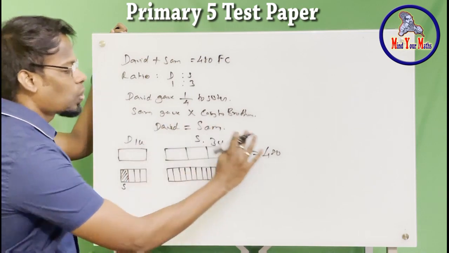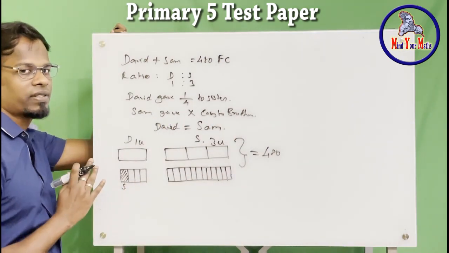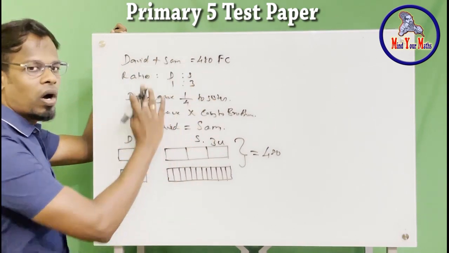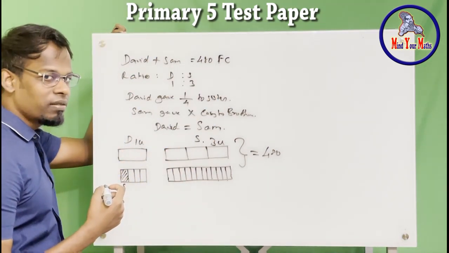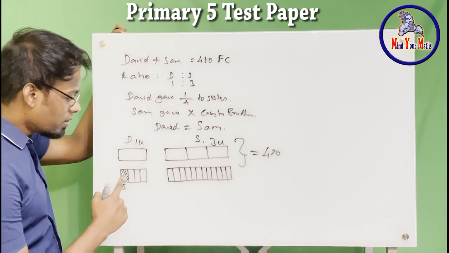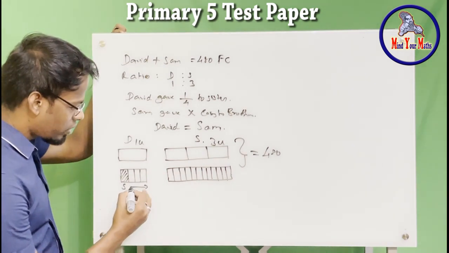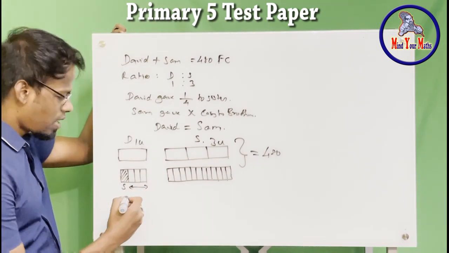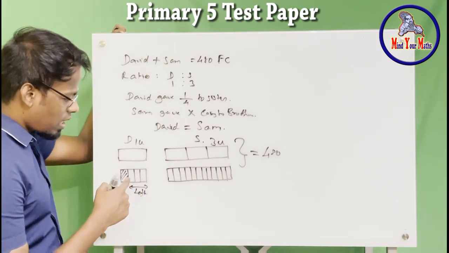From the total, what is the fraction that David has left now, after all these changes are done? You see here, for that what do we need to do? Just think. Yes, very good. We need to count how many units are there, because this is what David has left now. This is what is left on David's side. So now let's count.